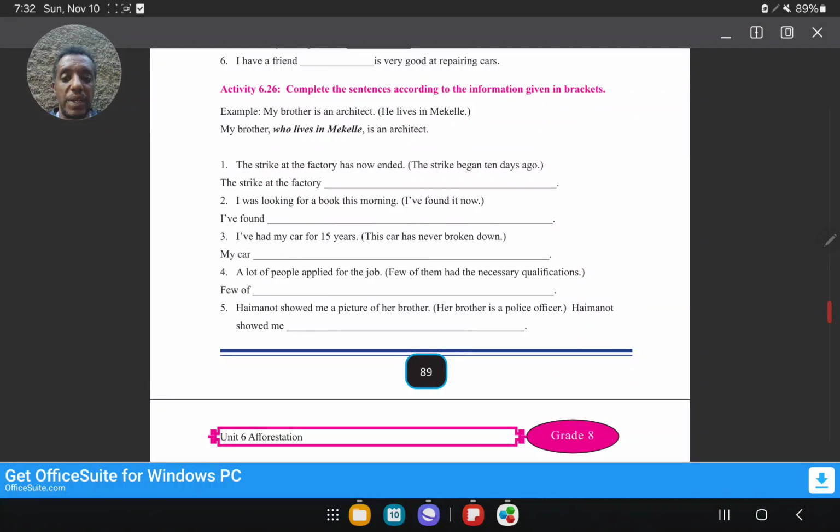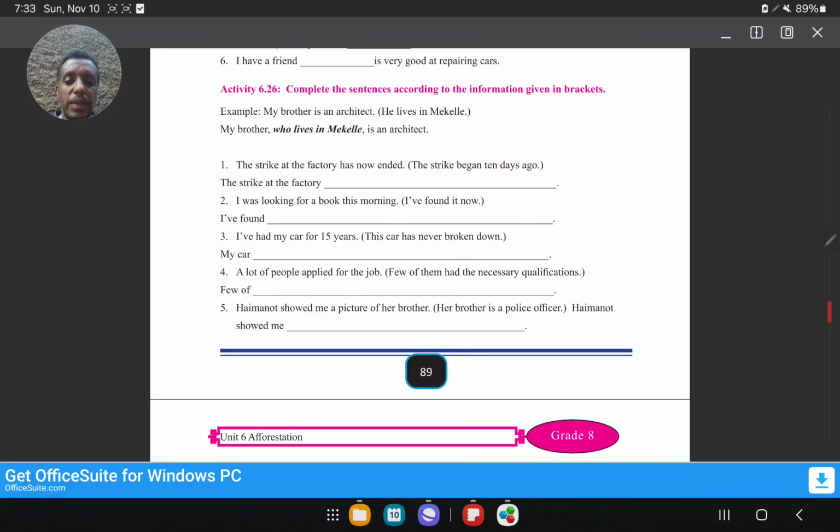So my car which I have had for 15 years, my car has never broken down. This car refers to an object or things, so that's the right answer.